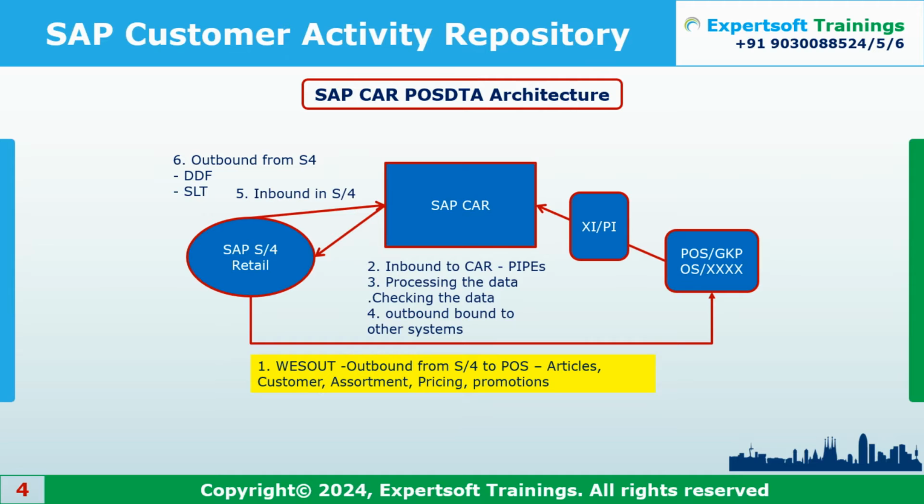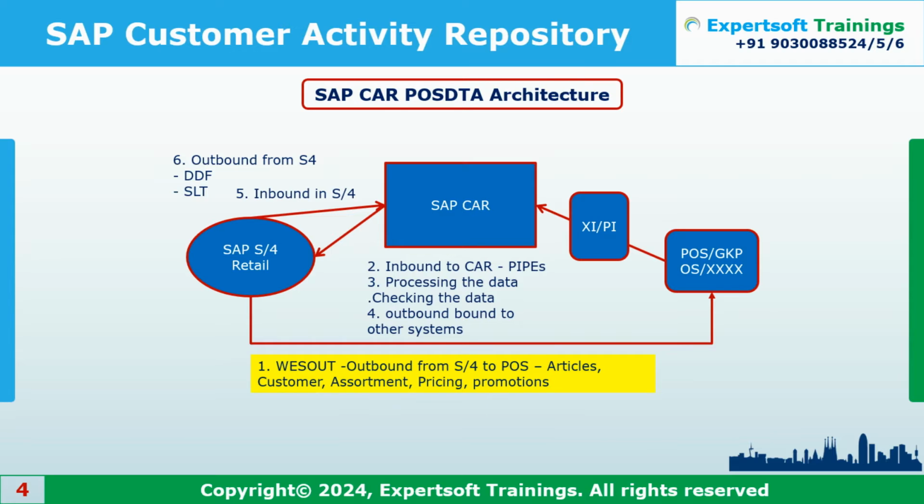So in terms of the architecture, this is how it looks. Normally in our S4 retail system, all our master data gets created: articles, vendors, customers, stores, sites. In SAP retail, we call them sites. Sites can be a store, sites can be a distribution center. All those master data get created in SAP S4. From an architecture point of view, we use a transaction called WAOUT.